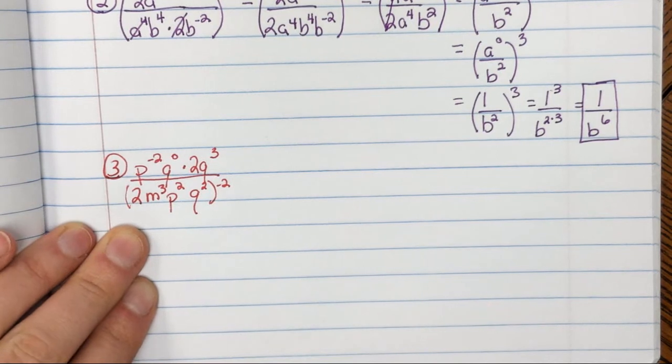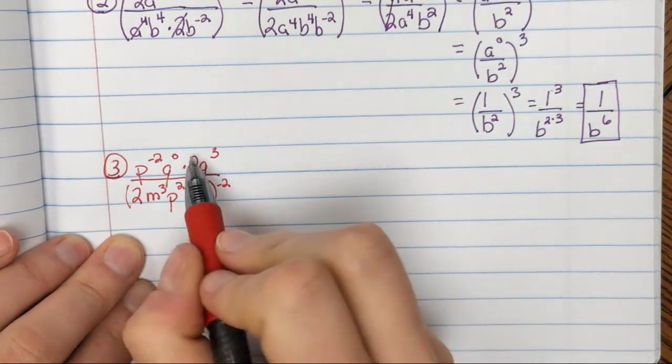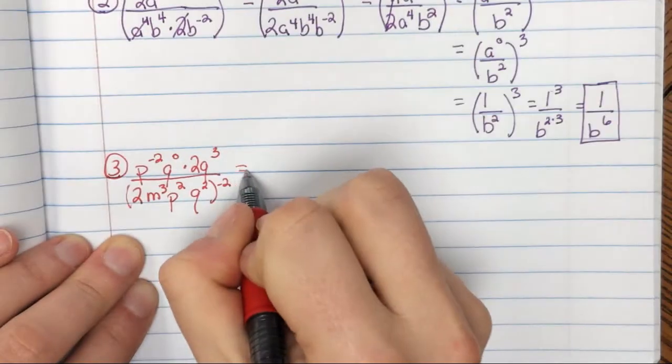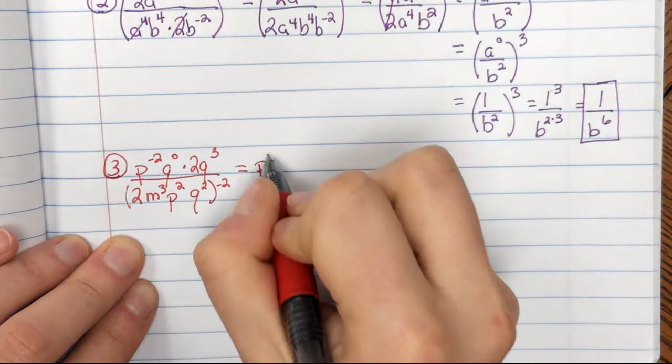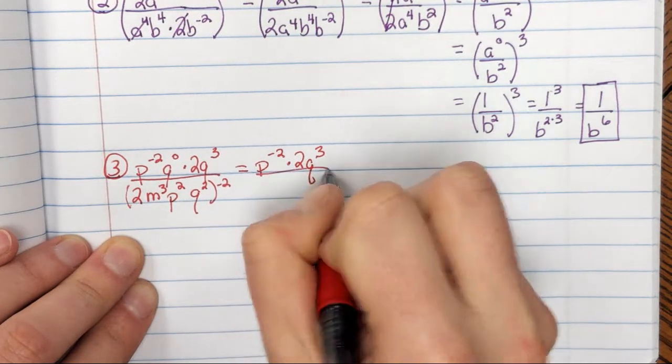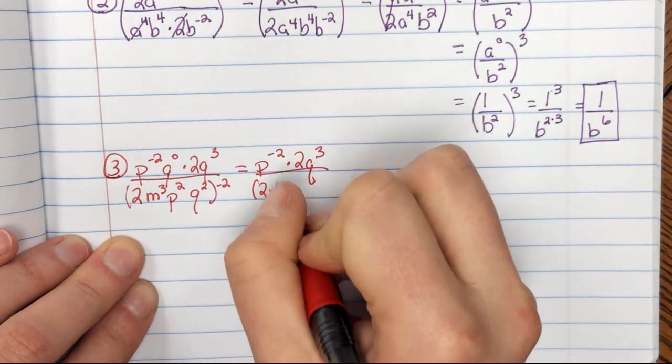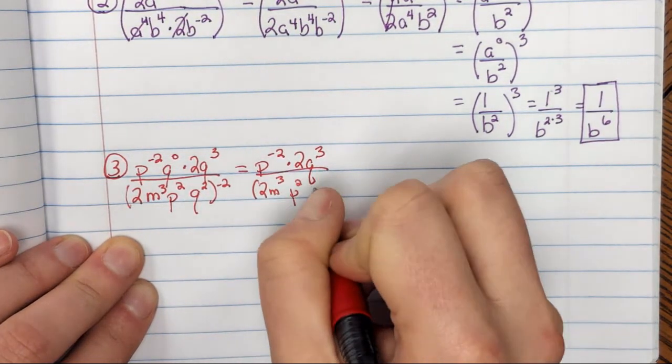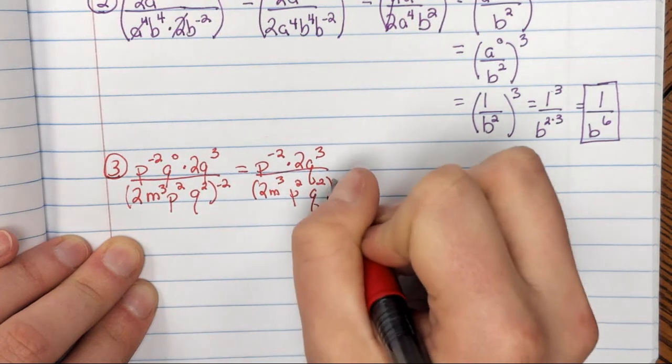First thing I recognize here is that I have a q to the 0 power, which is 1. So I can get rid of that. So it gives me p to the minus 2 times 2q to the 3rd, all over 2m to the 3rd, p to the 2nd, q to the 2nd, to the negative 2nd.